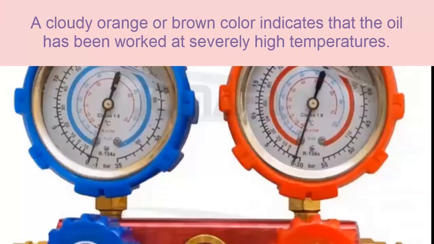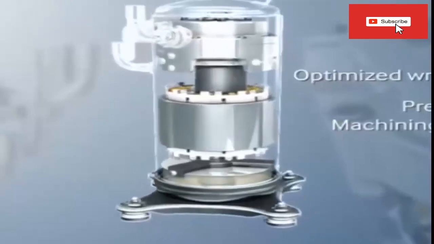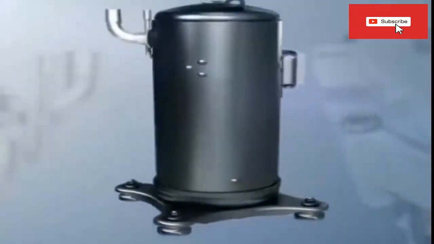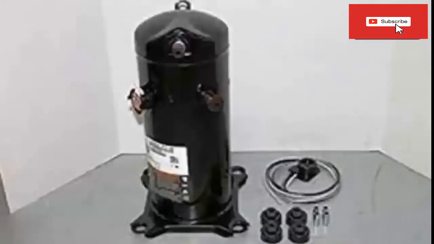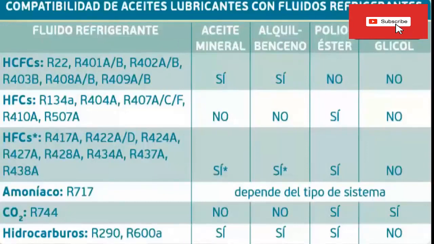Change the oil if the system was open to the atmosphere for hours and was left with zero gauge pressure. 4. Change the oil when installing a second-hand compressor. 5. Change the oil whenever the refrigerant is not compatible with the compressor oil.